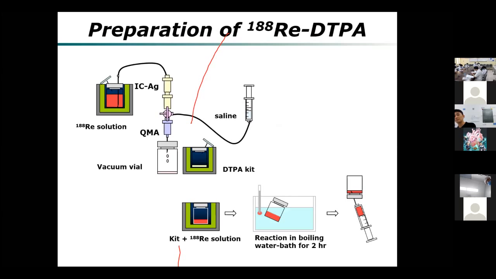But the labeling condition is somewhat different, because rhenium needed some heating. It means the labeling condition is somewhat harsher than for technetium. The procedure is relatively the same, but the labeling condition was added. After labeling, we check the TLC for QC, and then we use this radiopharmaceutical for therapy.